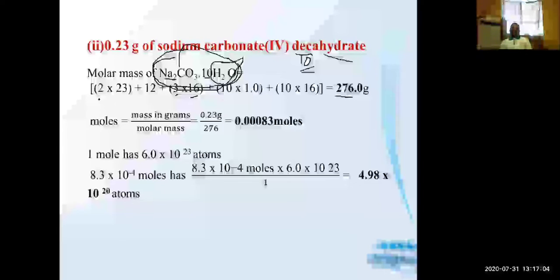So first of all, here you will have 46 plus 12 plus 3 times 16, which is 48, then plus 18 times 10, which is 180.